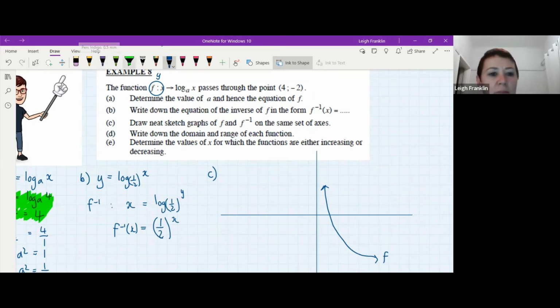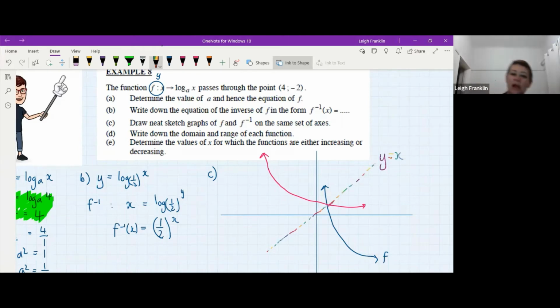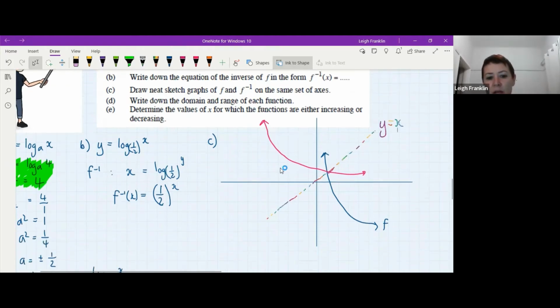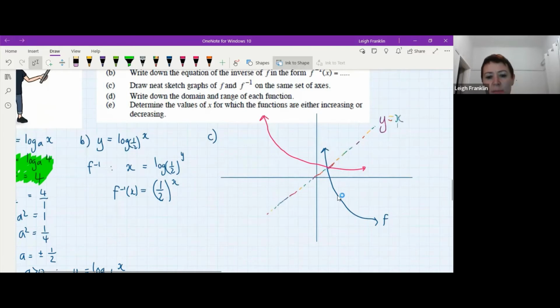If we now have to draw the inverse, it's going to look like that. And of course, our line y equals x is that one over there. If they ask you to sketch, the other thing you can do is find the y-intercept or the x-intercept.